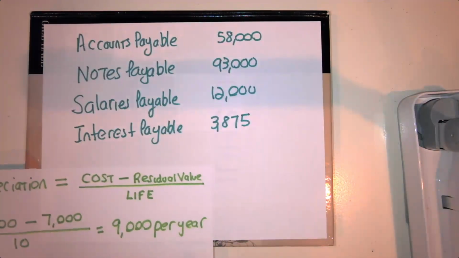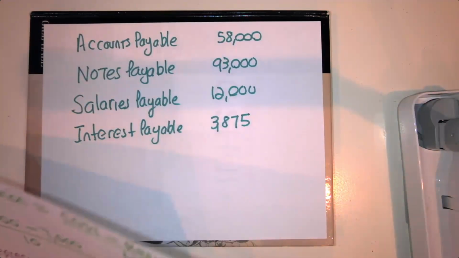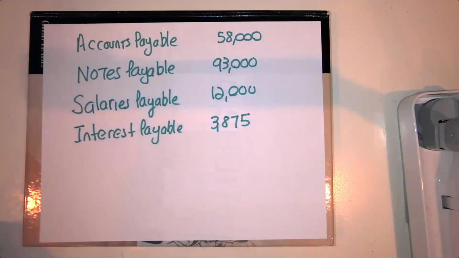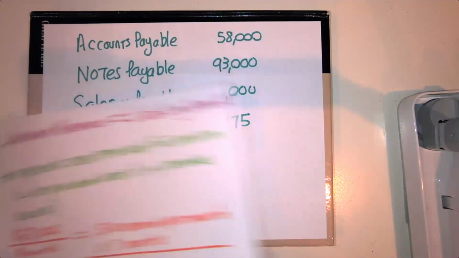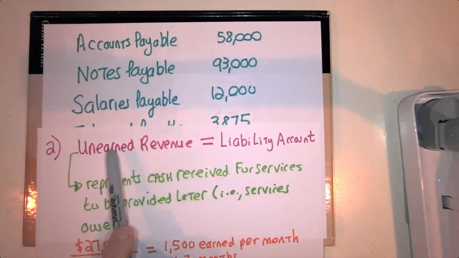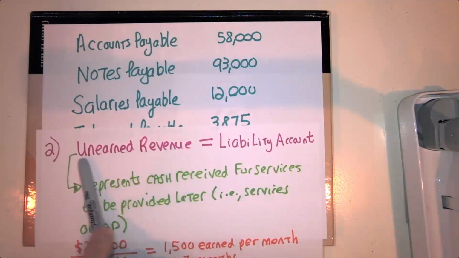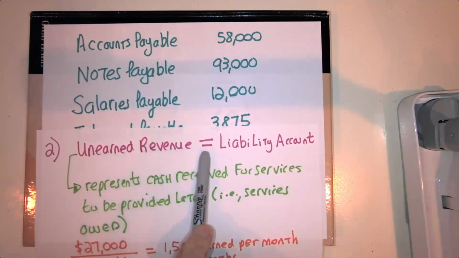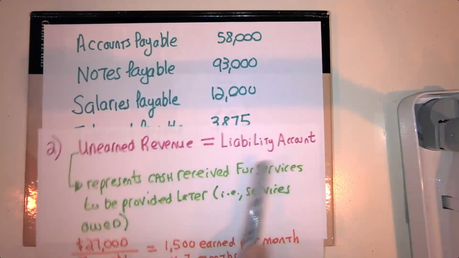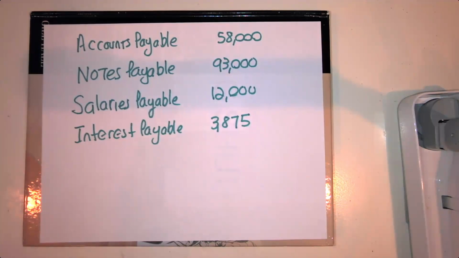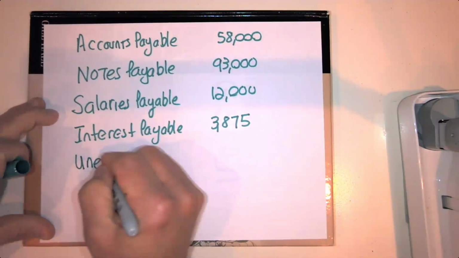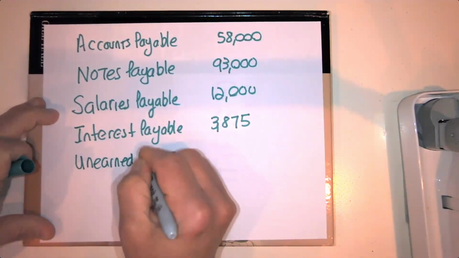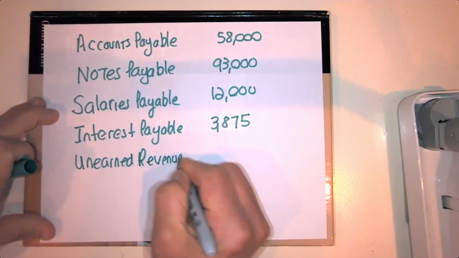Can I ask? Yes, unearned revenue is a liability. Oh boy. We did identify the unearned revenue, even though it doesn't say payable. The unearned revenue is a liability account, which means we need to include the unearned revenue in this calculation.